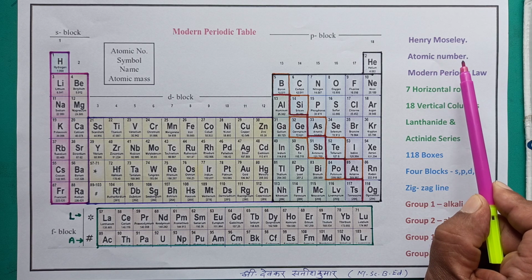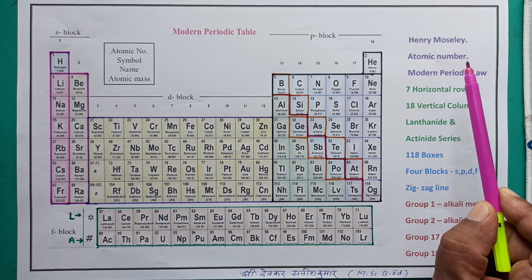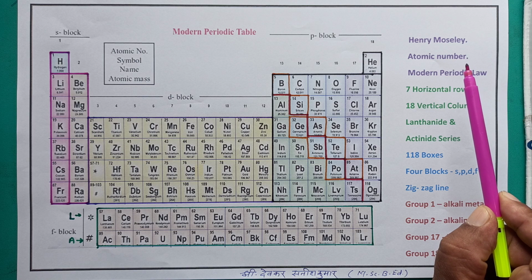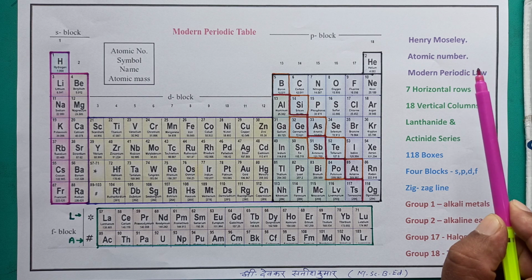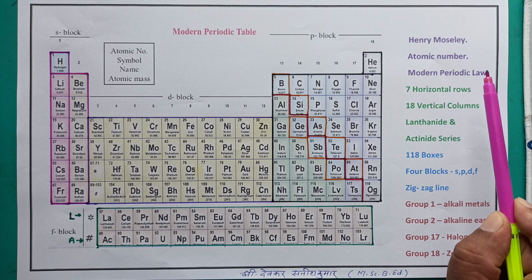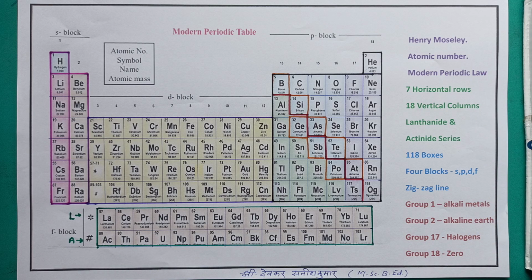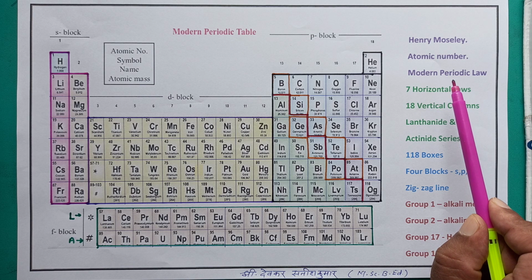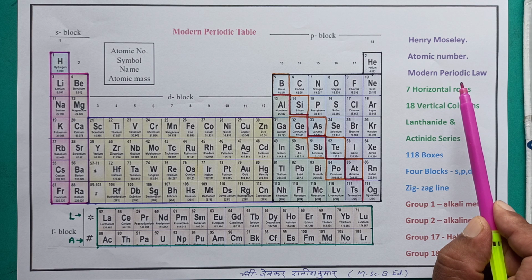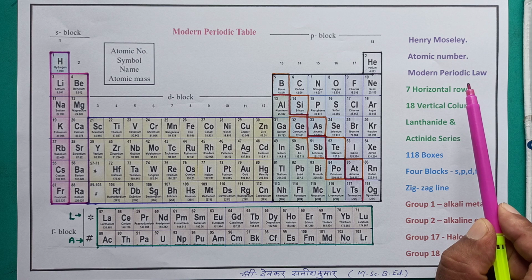What is atomic number? Atomic number is the number of electrons or protons present in the nucleus of a particular atom of an element. Then the modern periodic law: properties of elements are a periodic function of their atomic numbers.